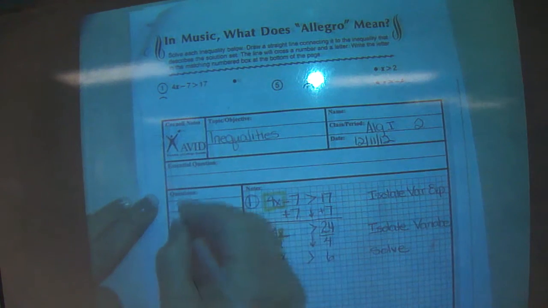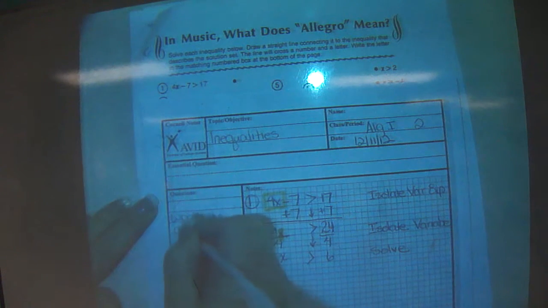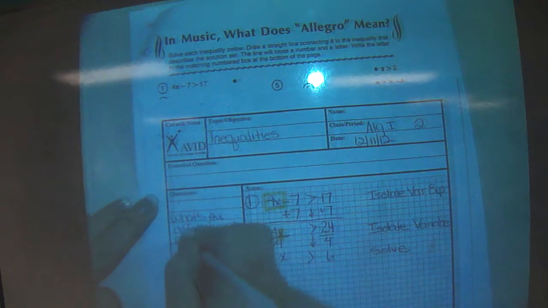So the question is, what's the difference between equations and inequalities?